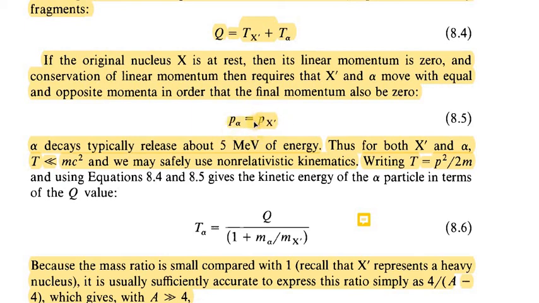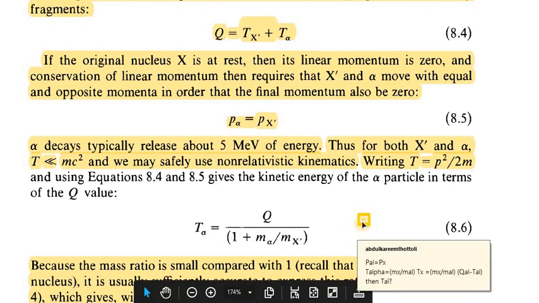Okay, this is to conserve the linear momentum. Alpha decays typically release about 5 MeV of energy. Thus, for both X prime and alpha, T is less than mc square, and we may safely use non-relativistic kinematics, writing T equal to P square by 2m.